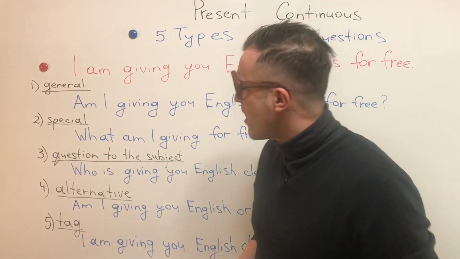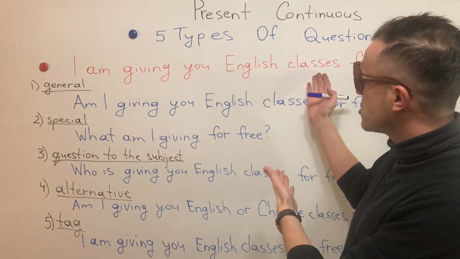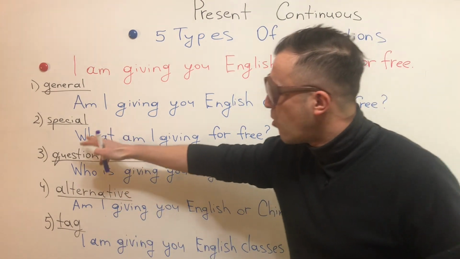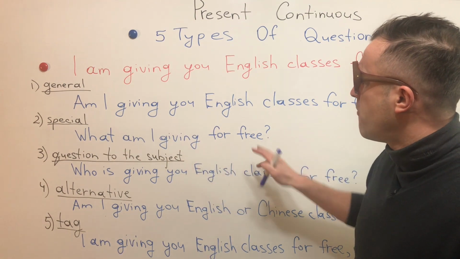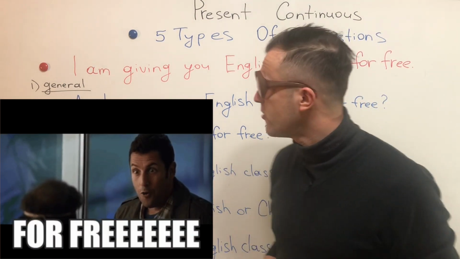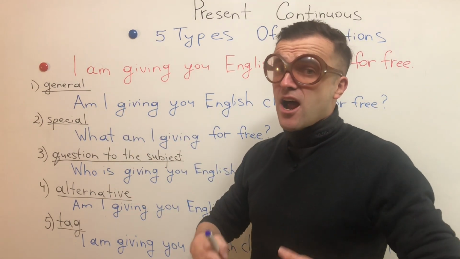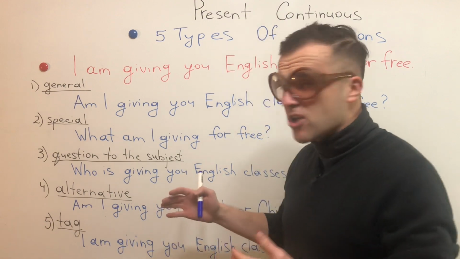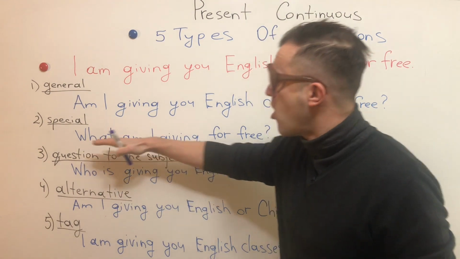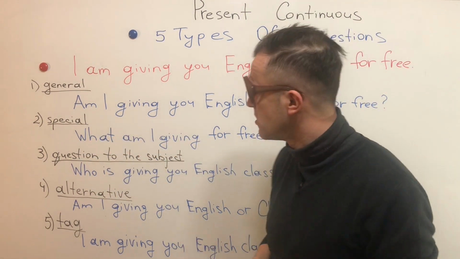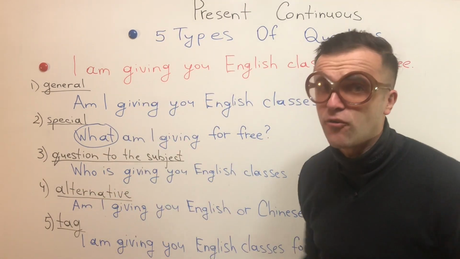So what kind of question can we make up? What, right? English classes is what? So we put what in the first place, then am I giving for free? So, what am I giving for free? Don't forget that we have an inversion here. Am and I are changed. They are not in the same place as in the positive sentence, alright? What am I giving for free? So this is an attribute for the special question.